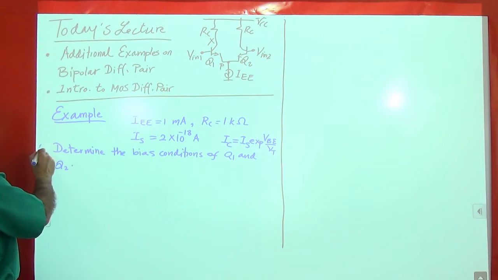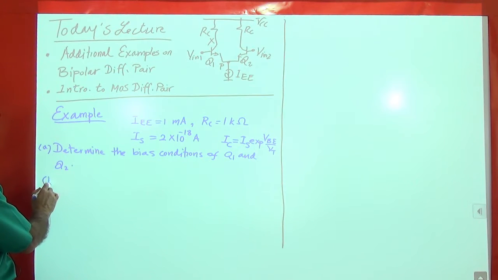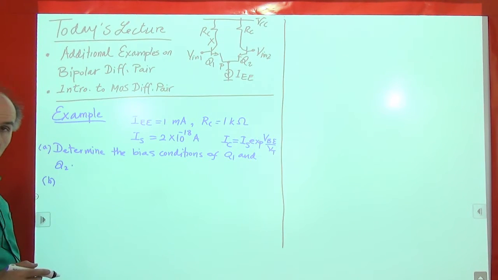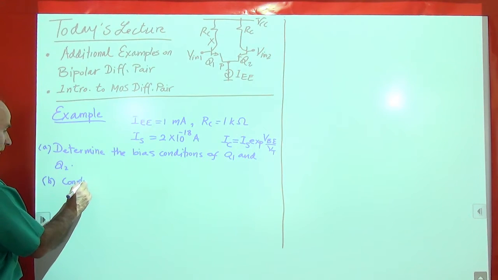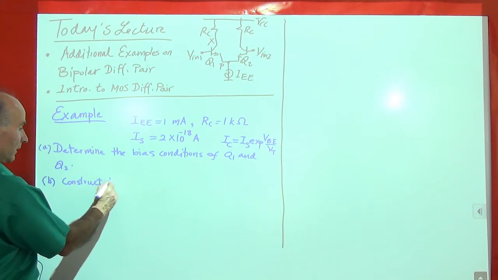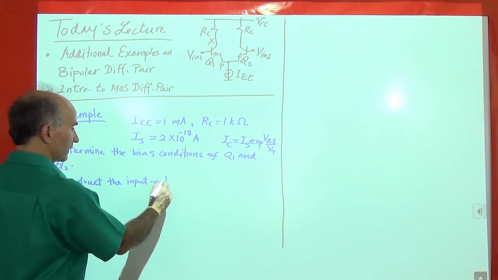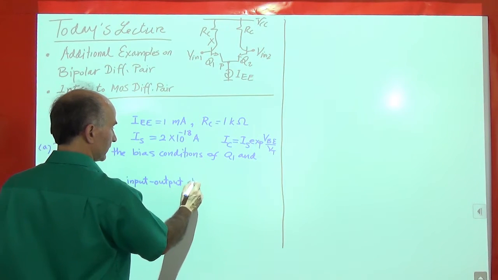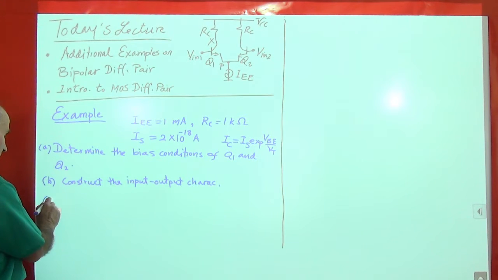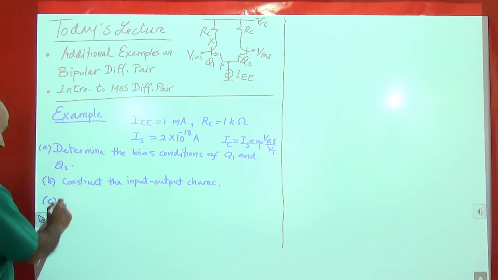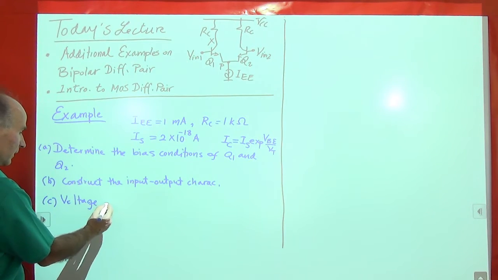So that's the first thing we want to do, A. Then we want to construct the input-output characteristic. And finally, we want to find the small signal voltage gain. So voltage gain, and by that we always mean the differential voltage gain.